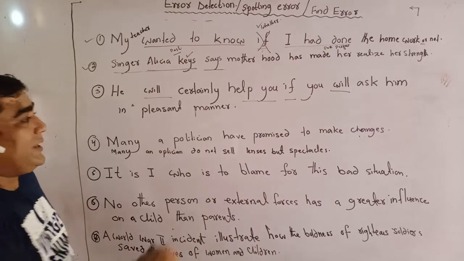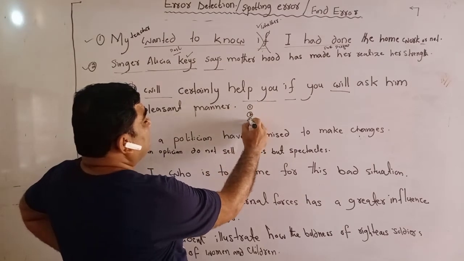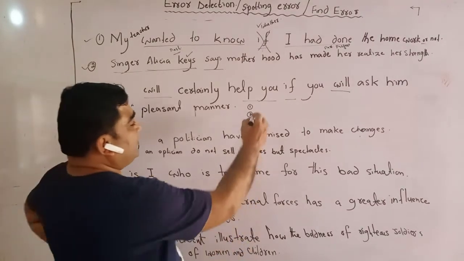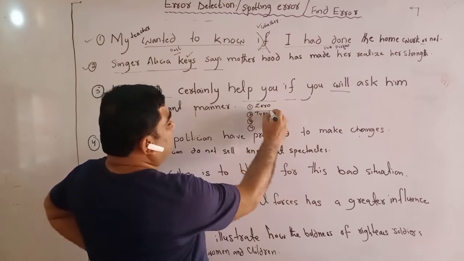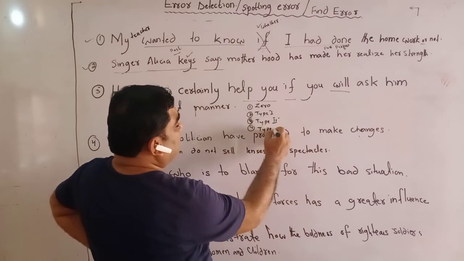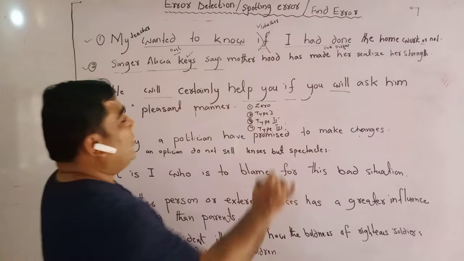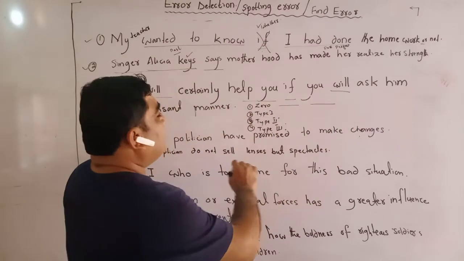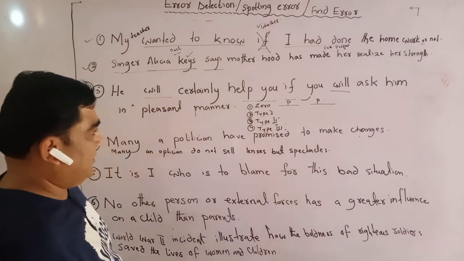I will tell you one thing. There are four types of conditional sentences: zero type, type 1, type 2, type 3. What we have to do is see if there is a natural condition, then there should be present and present on both sides.